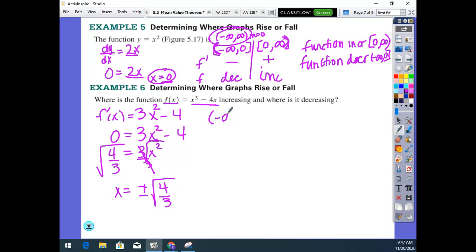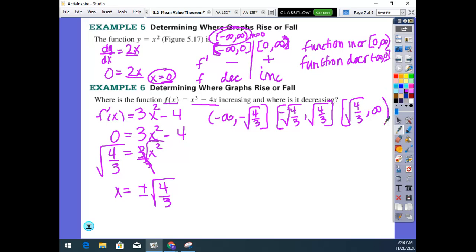So I always start with negative infinity, then I pick my first value that comes up, the negative square root of 4/3. And then I'm going to go from negative square root of 4/3 to my next value, positive square root of 4/3. And then I'm going to go from this positive square root of 4/3 to infinity.